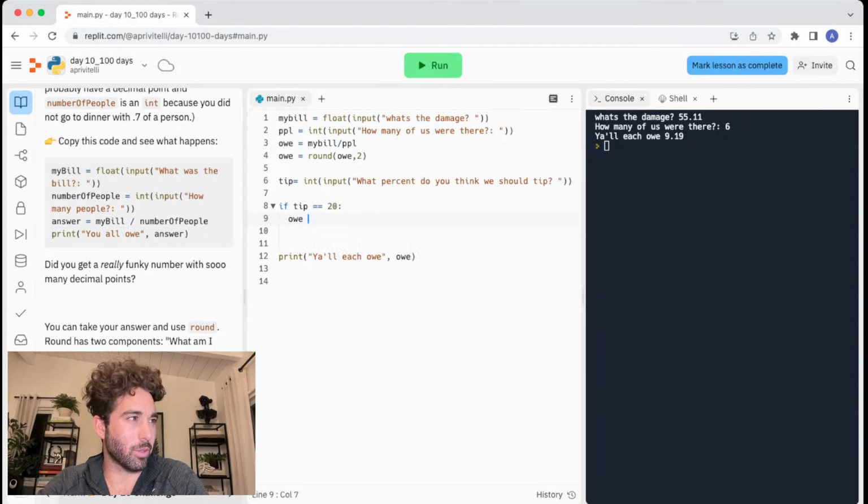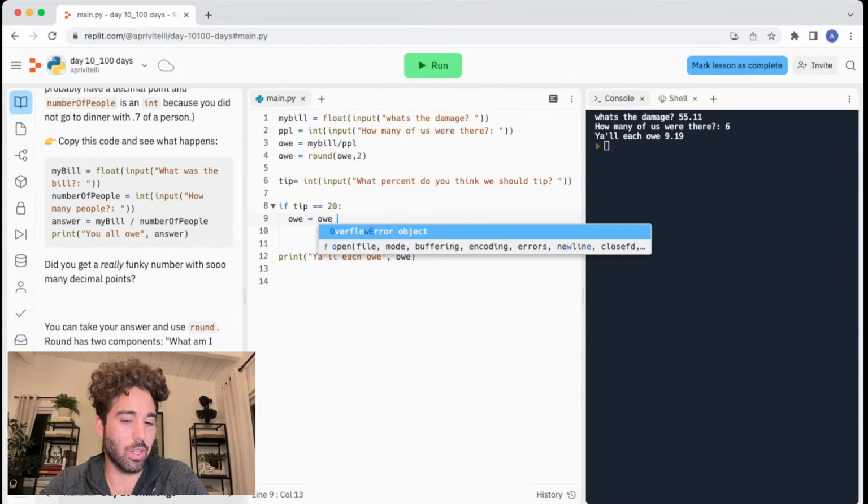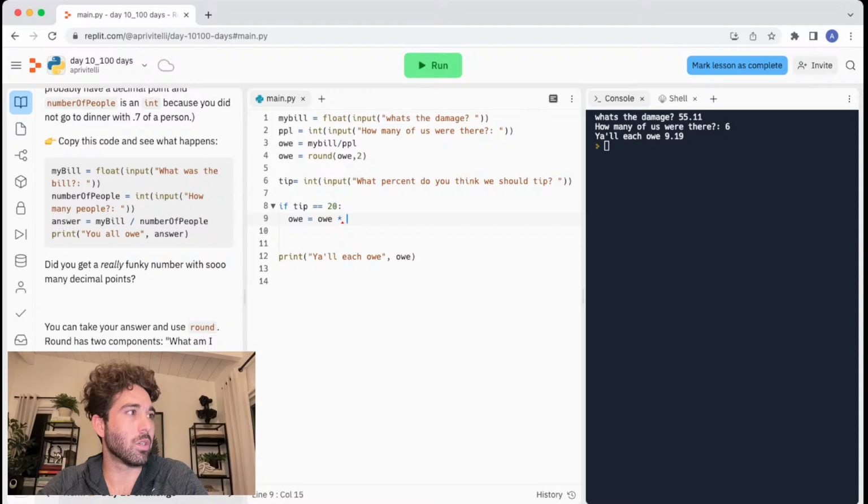I feel like we're doing variables. Answer equals answer times 1 plus tip. That's a decimal.